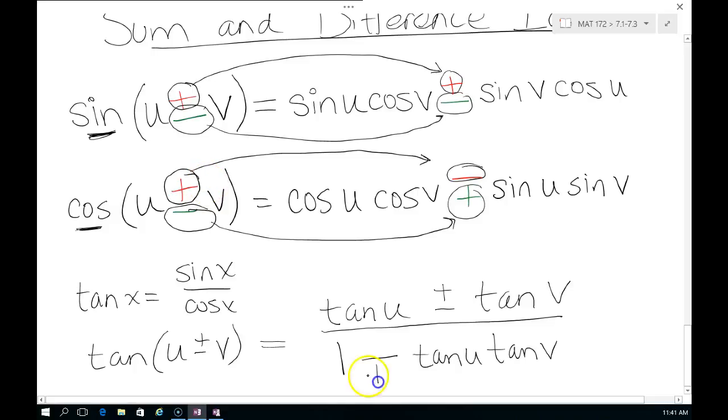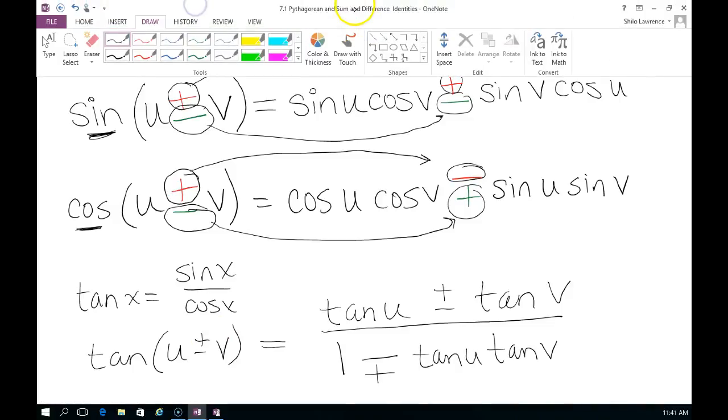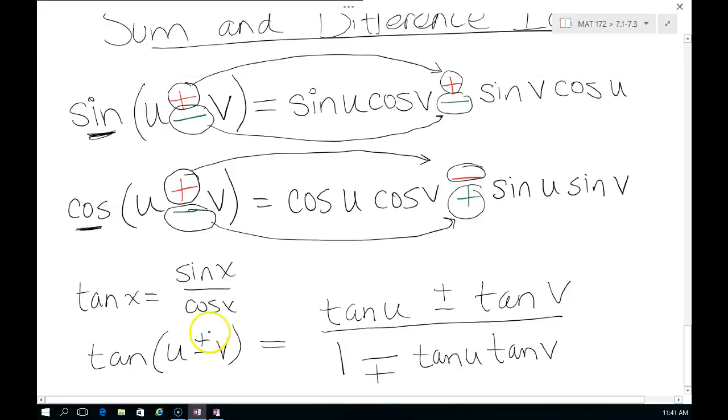Oh, minus plus, sorry, minus plus. So, for example, if we were adding in the problem we were doing, we would add in the top and we would subtract in the bottom. If we did a problem and we were subtracting in the angle, we would subtract in the top and we would add in the bottom. And we'll do an example of this here in just a minute.